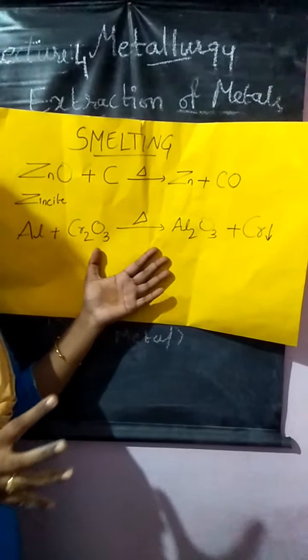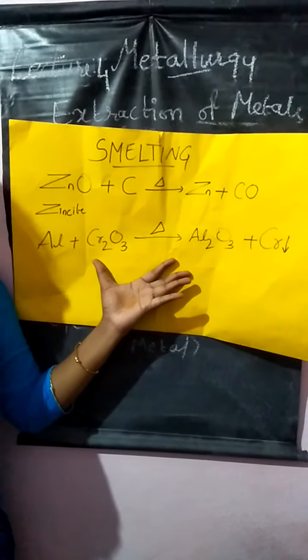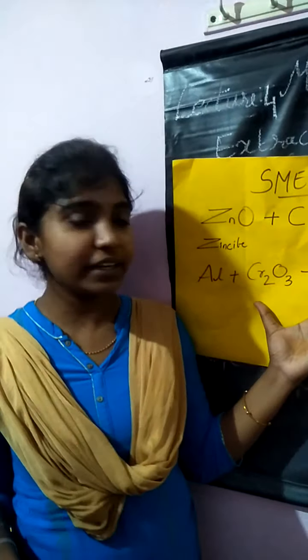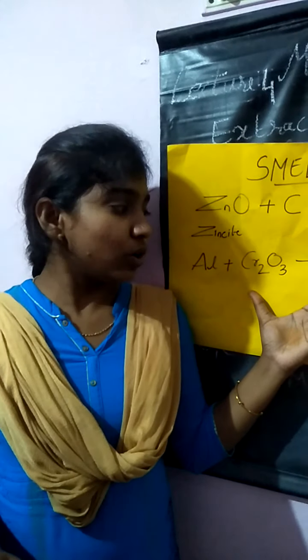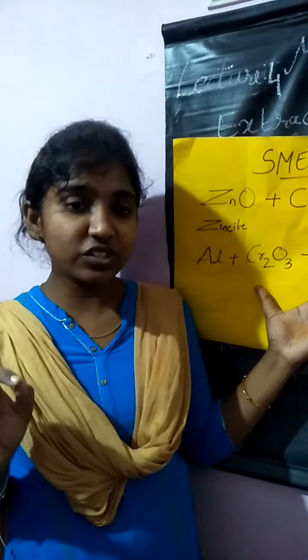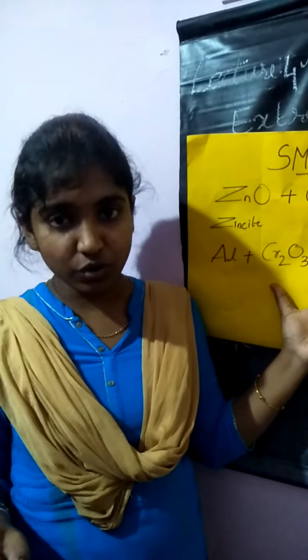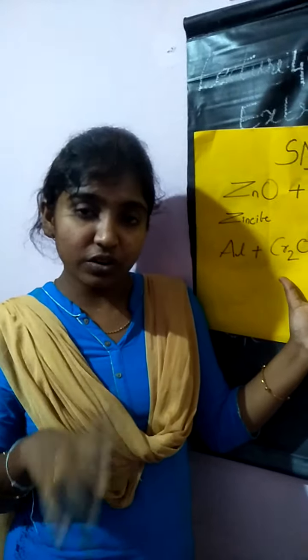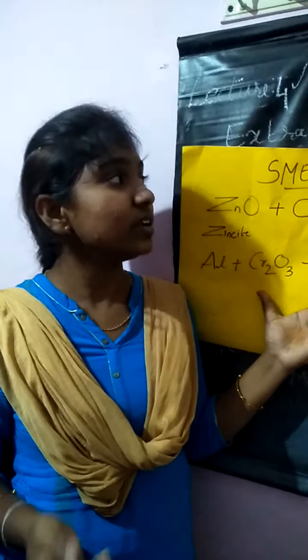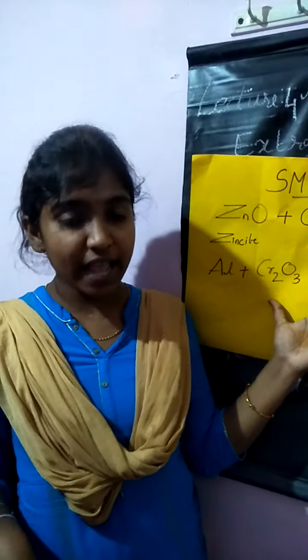So this completes the three processes of reduction, that is roasting, calcination and smelting, which are very important. Roasting is in the presence of oxygen and it is generally used for sulfide ores, which are converted into oxide ores. The second technique we have seen was calcination.